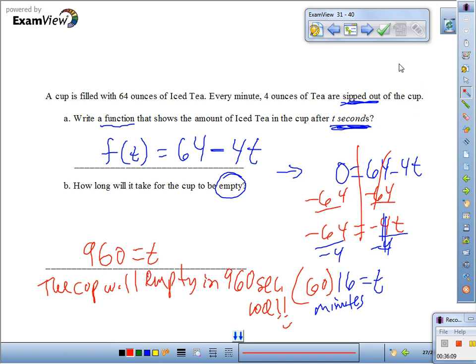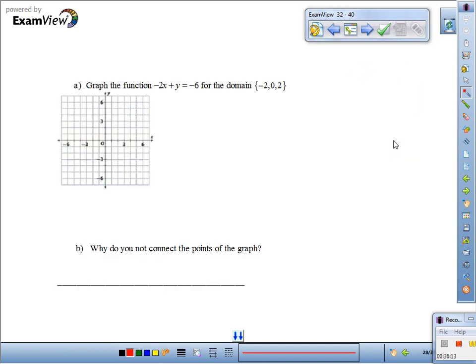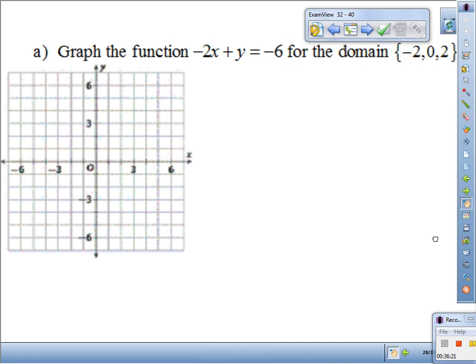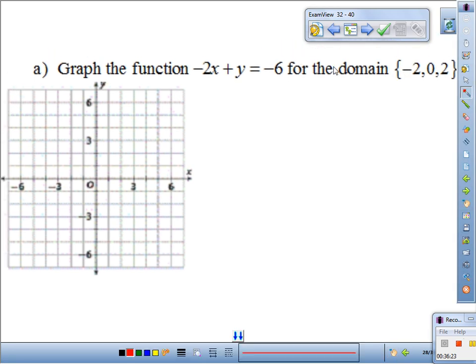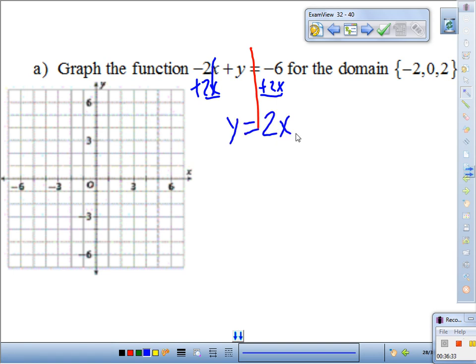Number 32. All right. It says graph the function using that domain. So first of all, to graph, what did I say to do to this equation first? Solve for y. So add 2x, add 2x. We have y equals 2x minus 6.